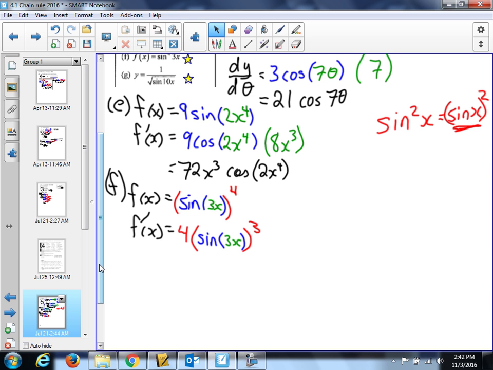Okay, we've taken care of the outermost function, right? Now the middler, that's the sine function. We don't have anything in red to write down anymore, right? We've taken care of the outside function. So the derivative of the sine function is the cosine function. So times the cosine function with the inside left alone.